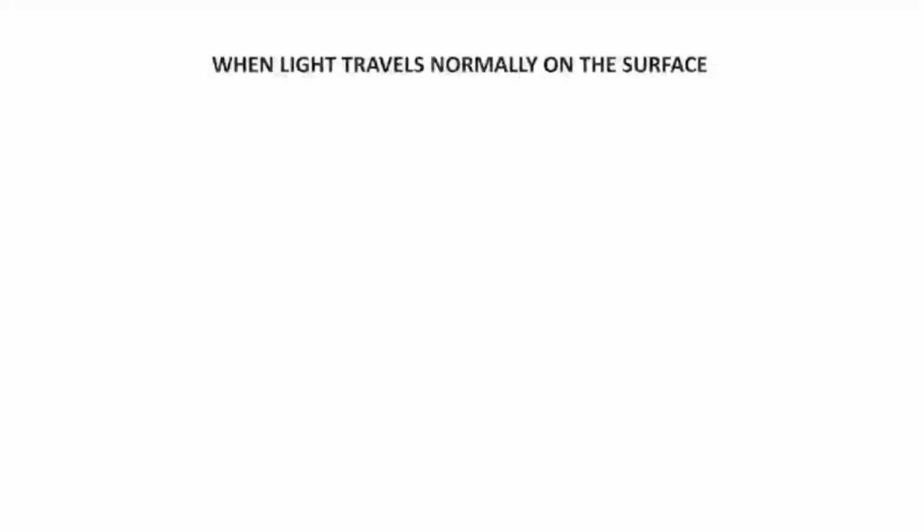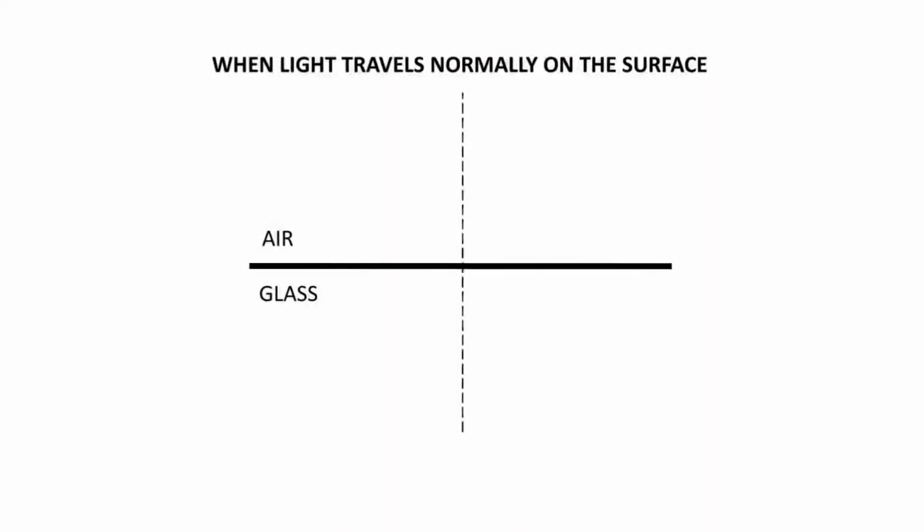Next, when the light travels normally on the surface, for example, if there is a boundary between two media, air and glass, where air is optically rarer and glass is optically denser, and suppose there is a normal, that means a line perpendicular to the surface, and the incident ray is normal, that means the incident ray is perpendicular to the boundary surface between the two media, then the light will refract without bending.